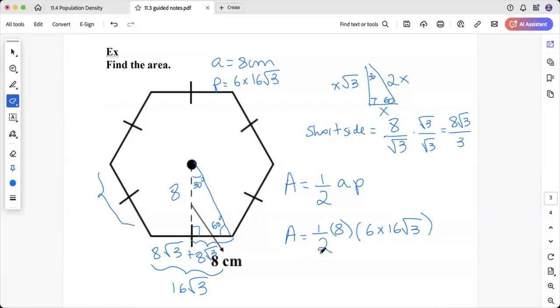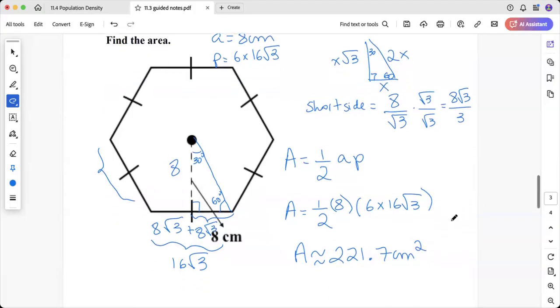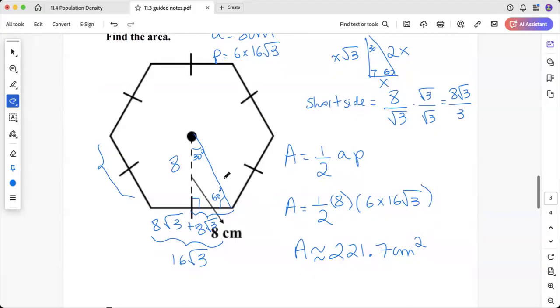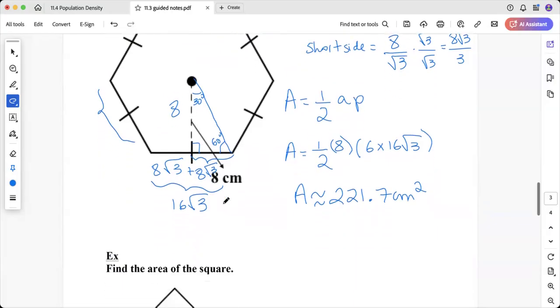When I put this in the calculator, you should get that the area is approximately 221.7 square centimeters. So remember, every time you have a regular polygon and you need to figure out the side, you have to split it up into a right triangle so that you can figure out the dimensions.